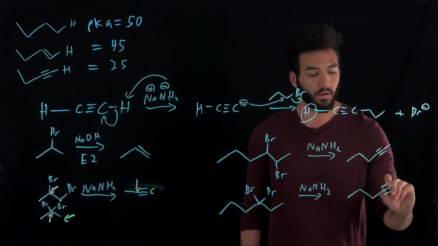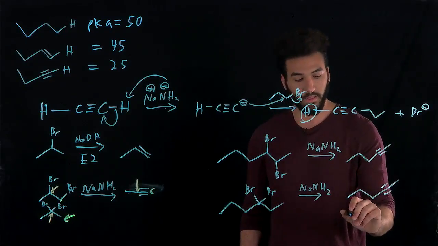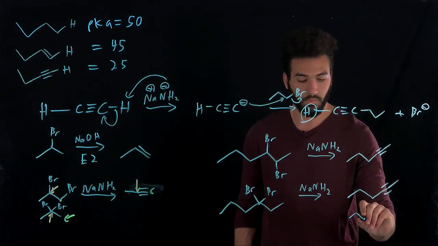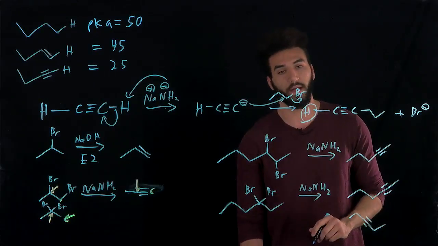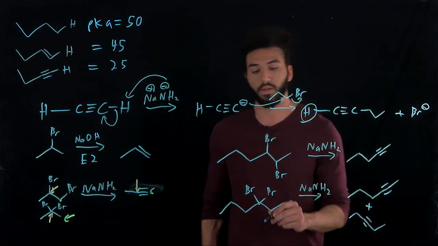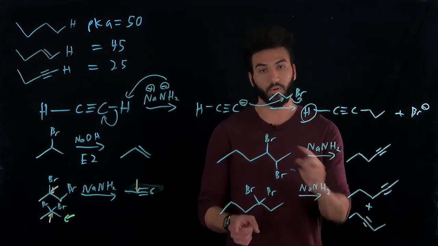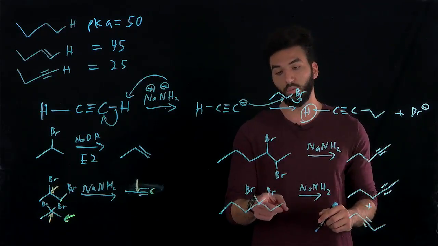However, we also get a byproduct that we don't want. So we also get something that looks like this, and that's not desirable. The nature of an E2 reaction is that you can pull hydrogens from opposite sides, so we get these 2 products, and that's not desirable with this starting material.